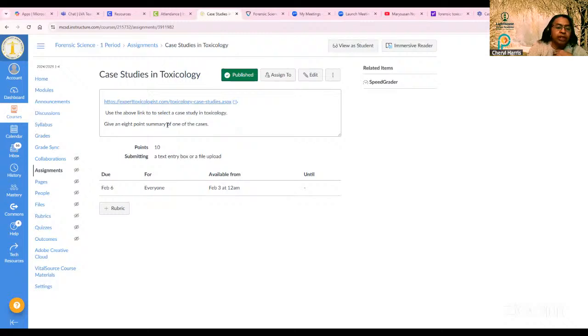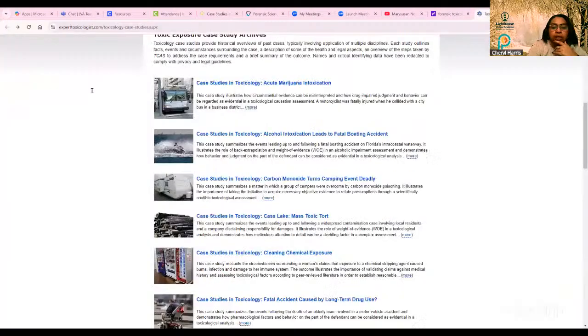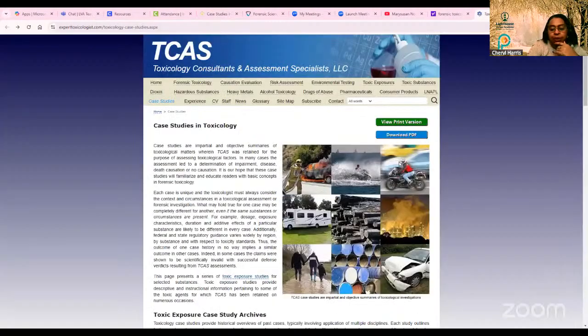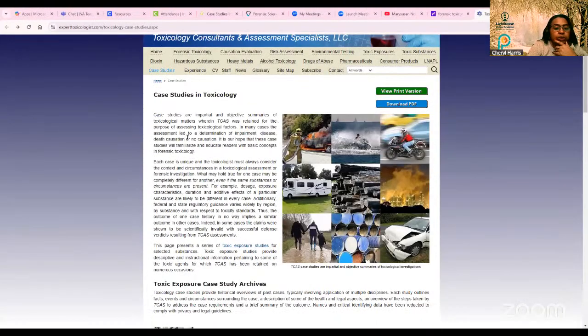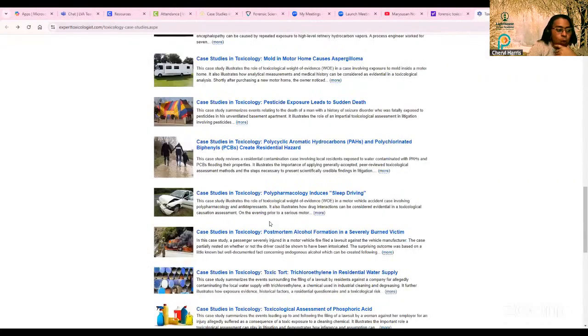So give 8 summary points to one of the cases. Again, you're not reading all of the cases, you're selecting one. So do an introductory statement, and then pick one. All of these blue headings are topics. Pick one.